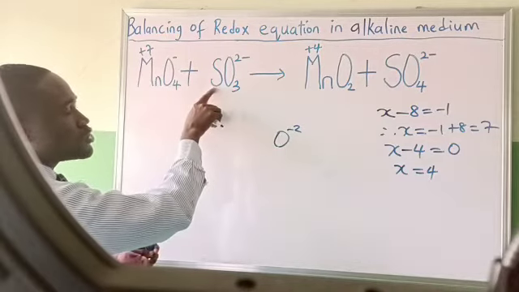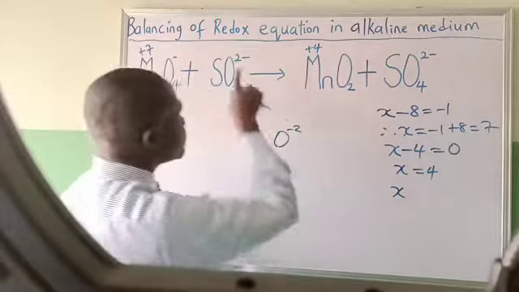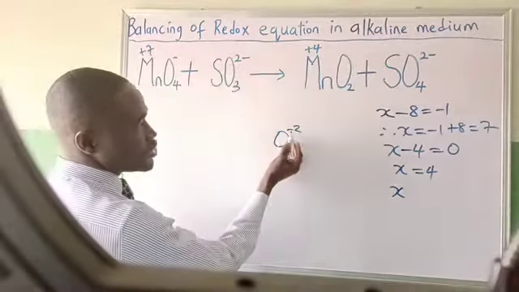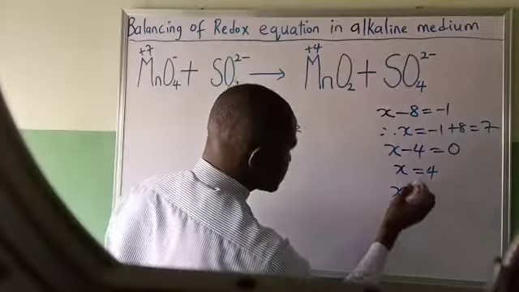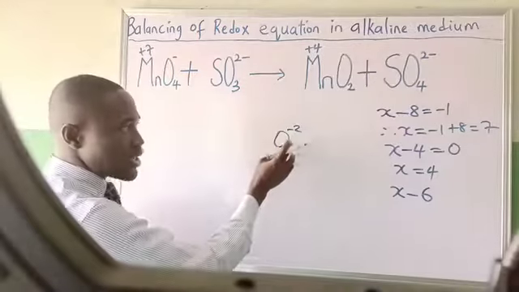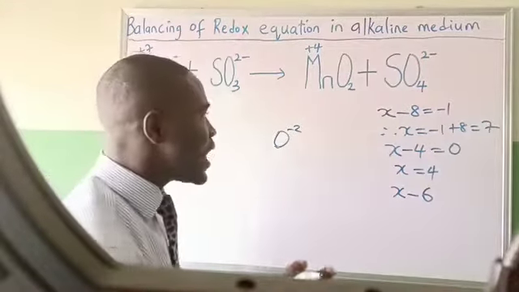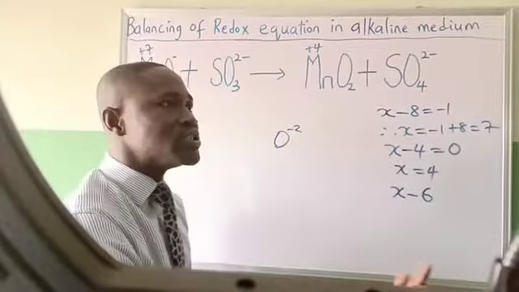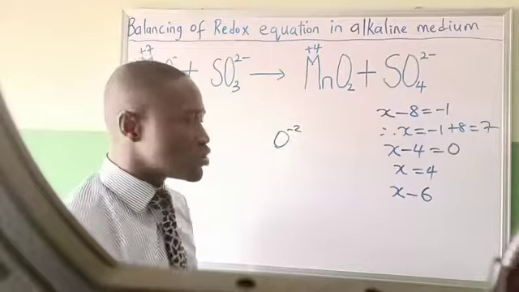We'll come to sulfur. We want to get the oxidation number of sulfur. Make sulfur the subject of the formula. Oxygen has oxidation number of -2 times 3, which is -6. This oxidation number that oxygen has is constant, it is inherent. That means oxygen always needs 2 electrons to get to octet structure.